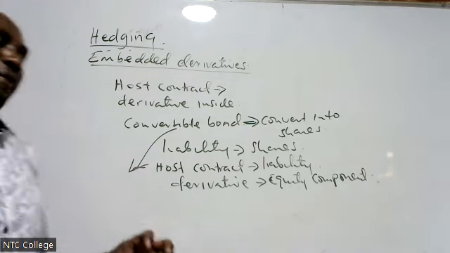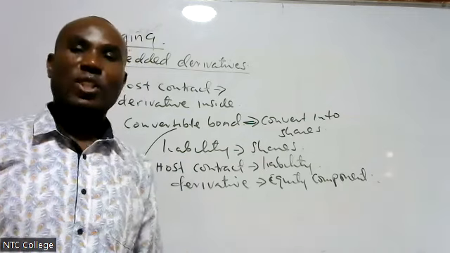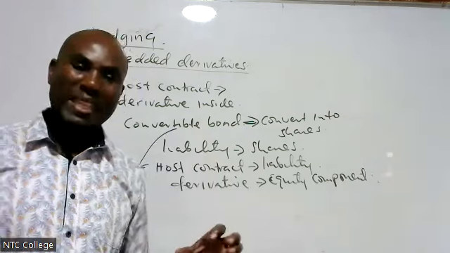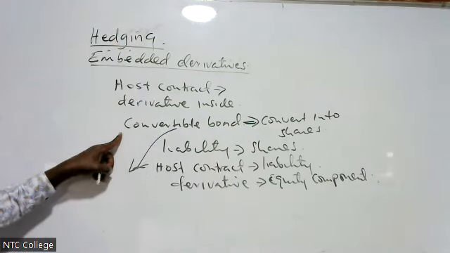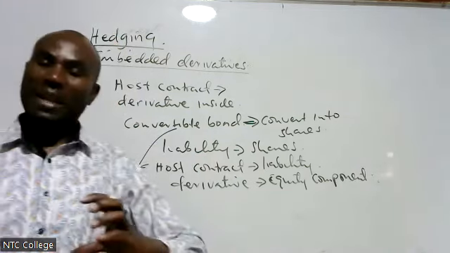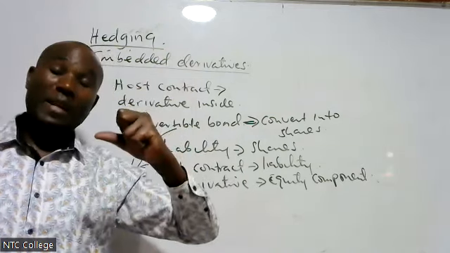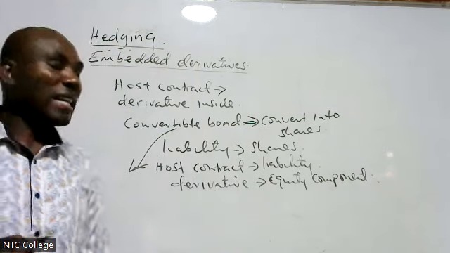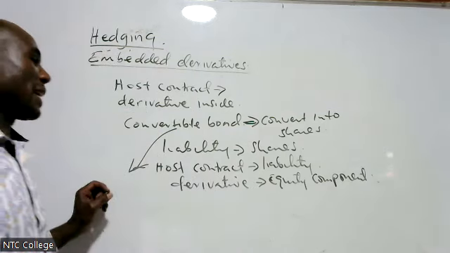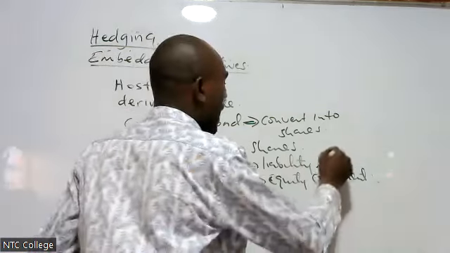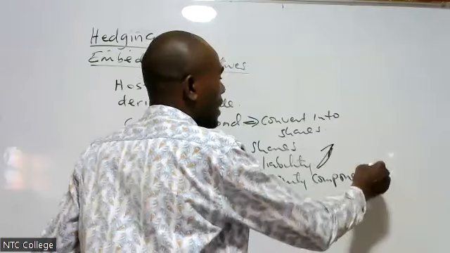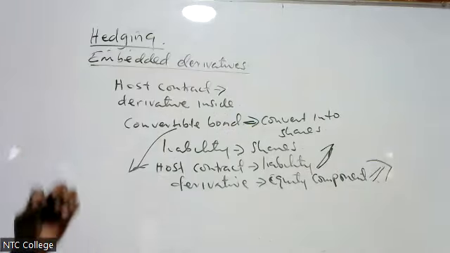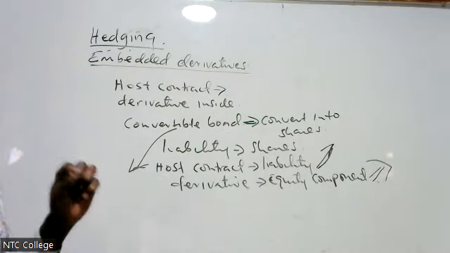Now, according to IFRS 9 or IAS 32, you are required to separate these two items, the host contract, which is a liability, and the derivative. Why are we separating? Because the way I account for the liability is not the way I account for the equity. For the liability, I can amortize.